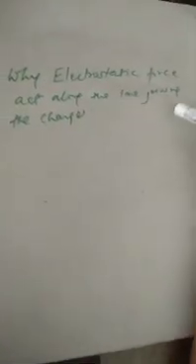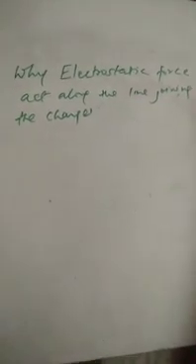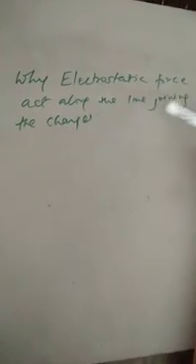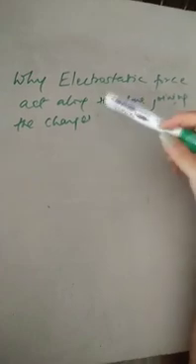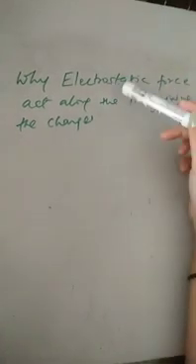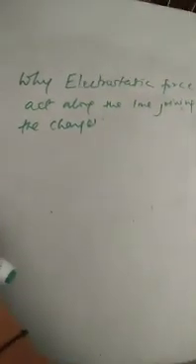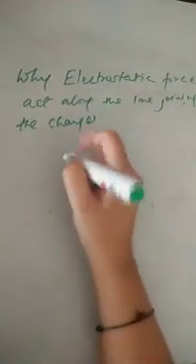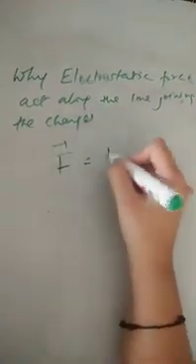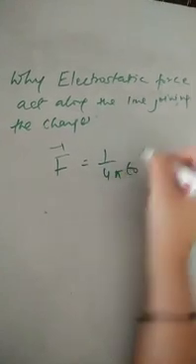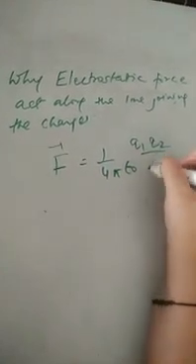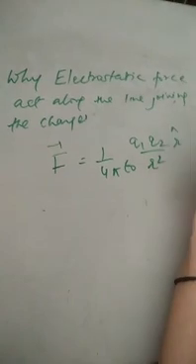This query came from Vartika. Why does electrostatic force act along the line joining the charges, or we can say why Coulomb forces act only along the line joining the charges. See, when we are writing the Coulomb's law in vector form, how were we writing it? We were writing it as 1 upon 4 pi epsilon naught q1 q2 upon r square, and here we were writing r unit vector.